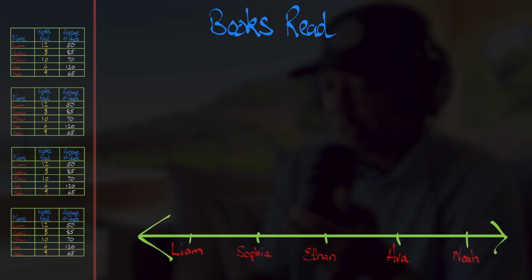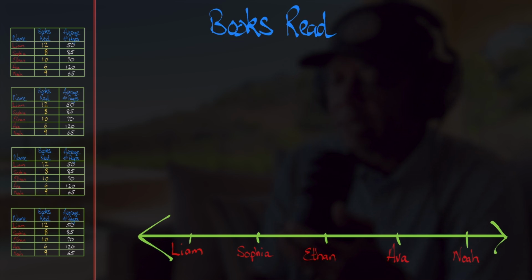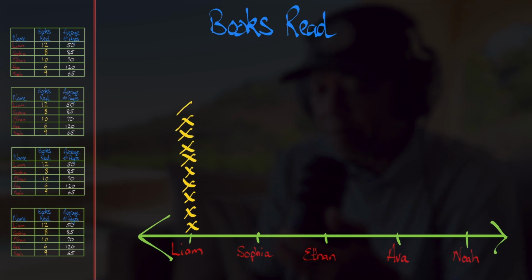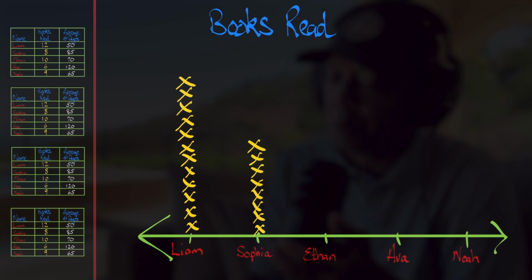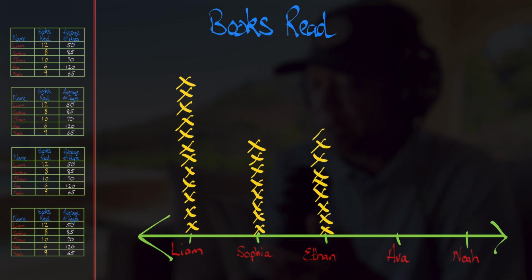It's kind of a fancy number line. Each of the 5 kids is organized nicely on the number line, spaced out so that we can have enough room to put an X for each book that the kid read. We try and keep the X's the same size and the same spacing so that they make towers or columns that allow us to easily look at them and figure out how they compare.